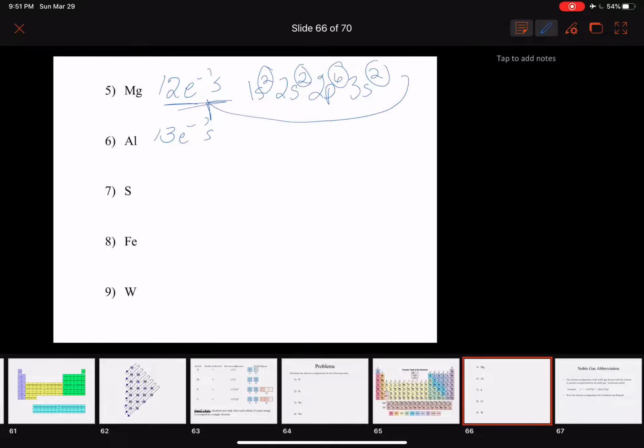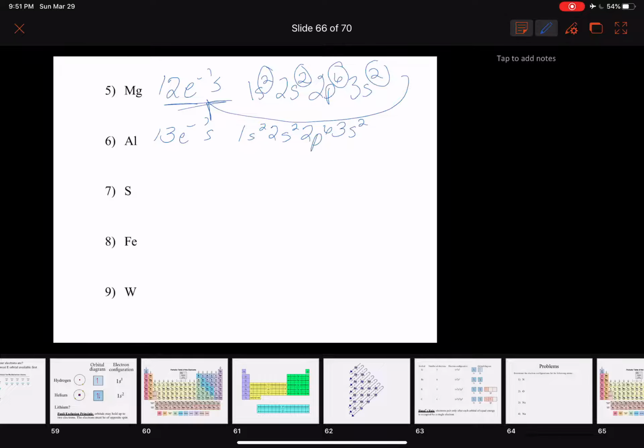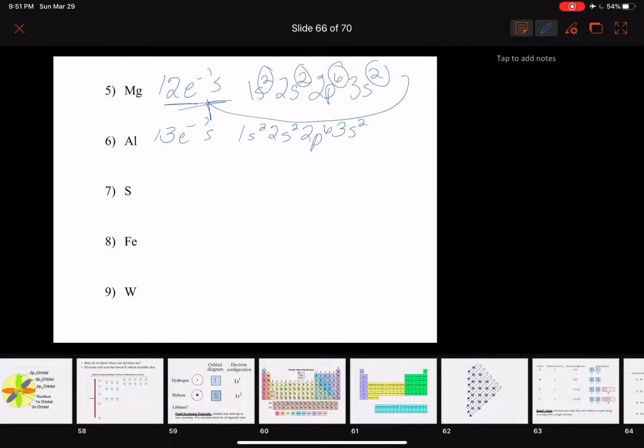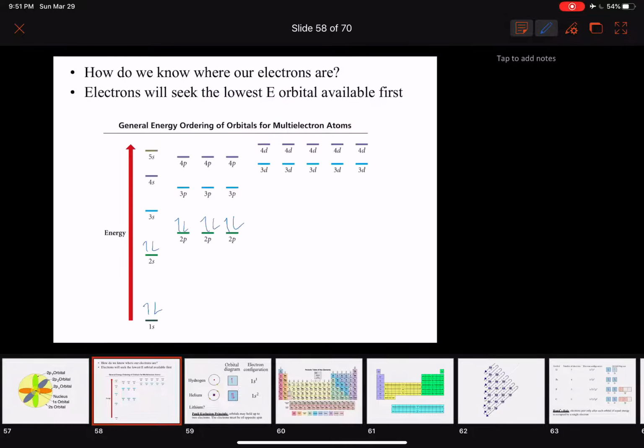So aluminum's going to have exactly the same electron configuration as magnesium, except we need to figure out what to do with one extra electron. Now, if we look back at the energy diagram right here, magnesium would fill up the 3s, so we had 3s2, and then we can see that the next lowest in energy is going to be those 3 p's there.